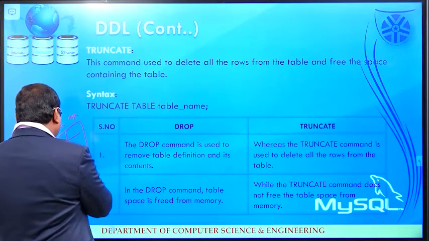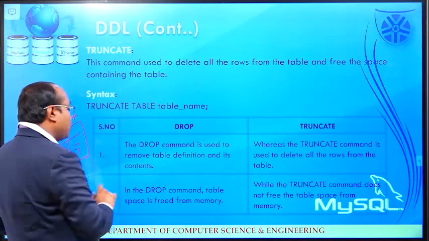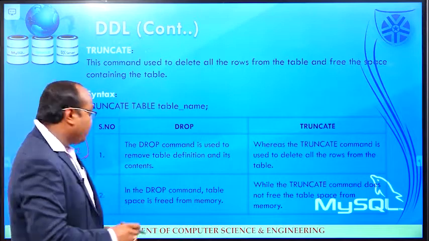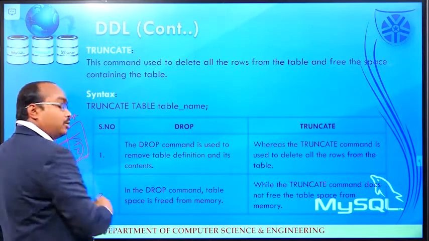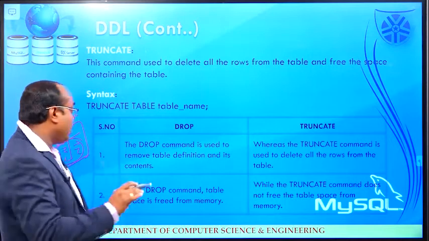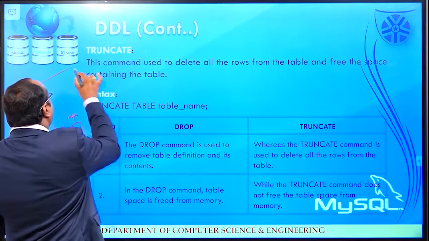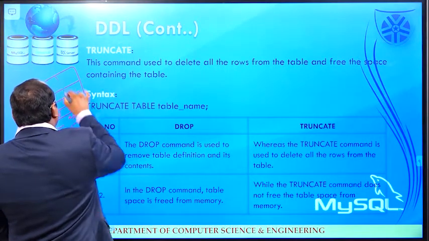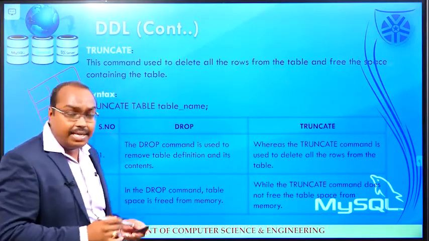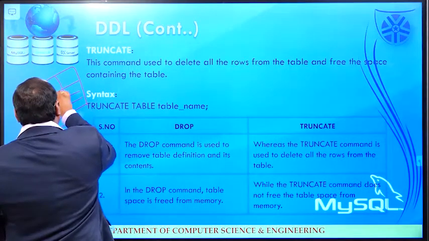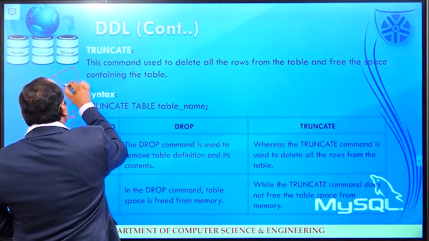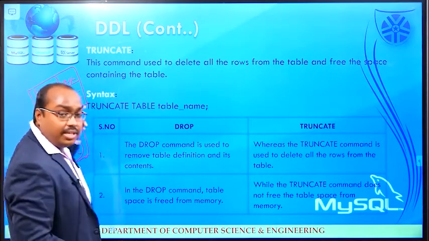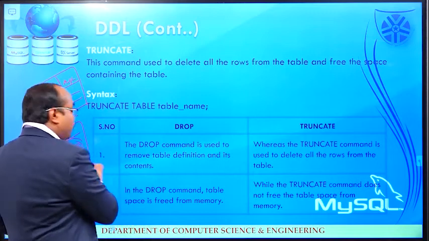In this table, I enter different types of data. Whenever we apply the truncate command, this entire data will be lost, not the structure. The structure means the 3 columns SID, SName, and student age. The entire structure is still available, but the data in this structure will be lost.